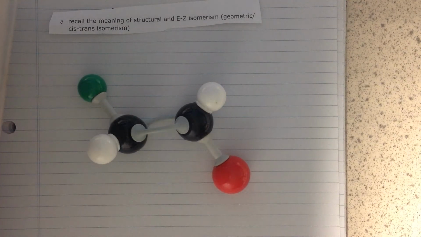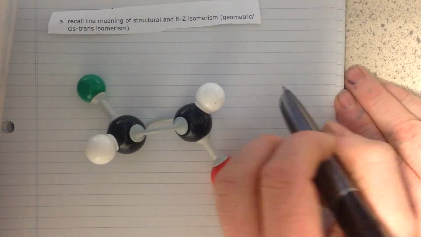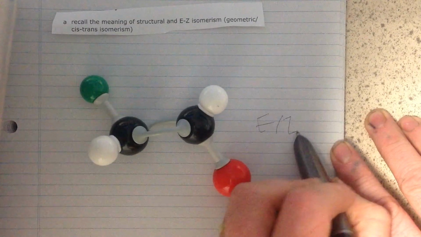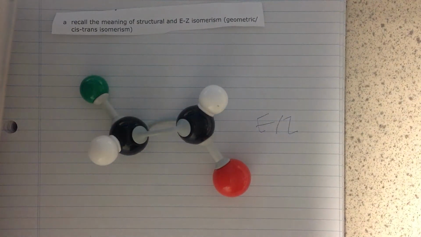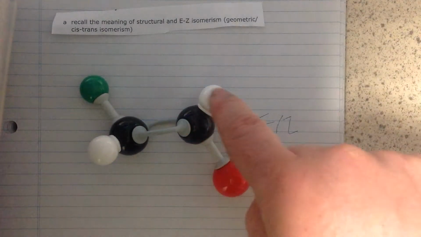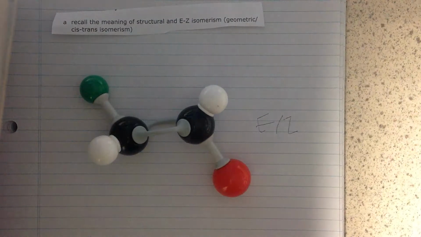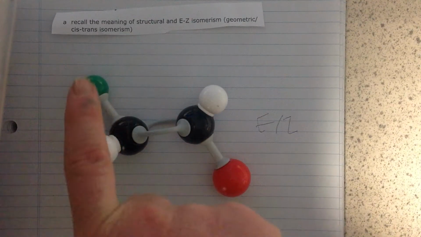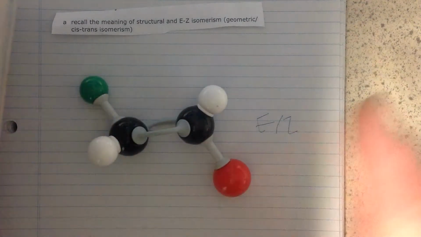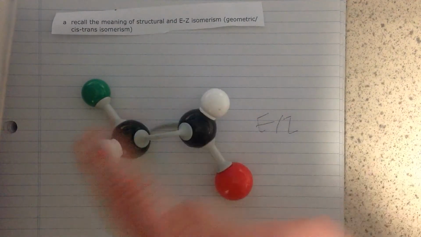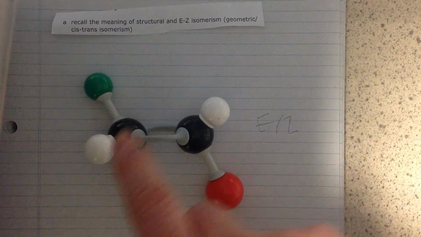Now we're using E/Z nomenclature, where we need to give each group attached to the carbon a priority, and we do that according to atomic number. Chlorine has an atomic number of 17 and an atomic mass of 35. Oxygen has an atomic number of 8 and an atomic mass of 16, and each of the hydrogens has an atomic number of 1.